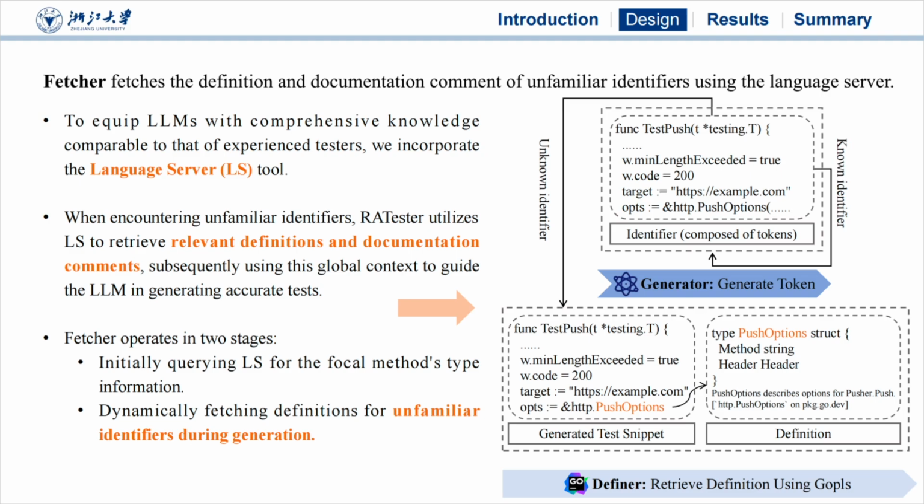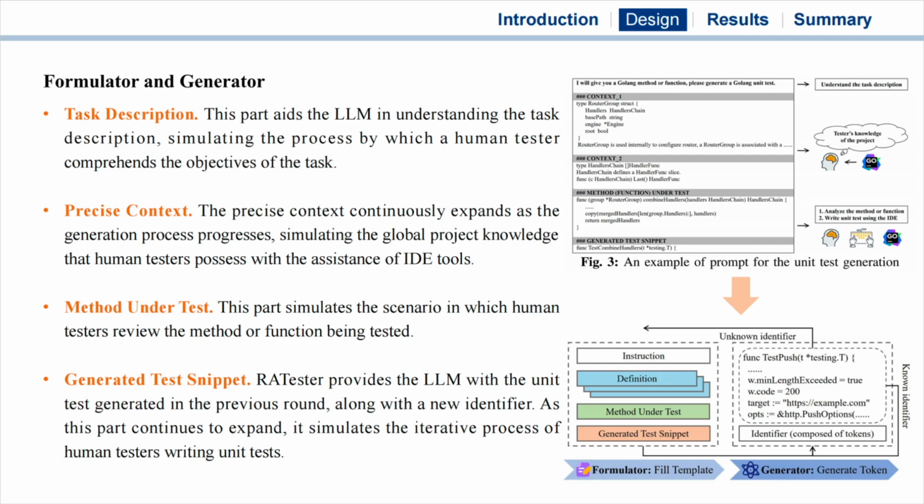Fetcher operates in 2 stages, initially querying the LS for the focal method's type information and dynamically fetching definitions for unfamiliar identifiers during generation.